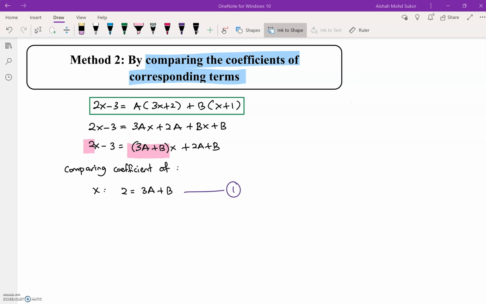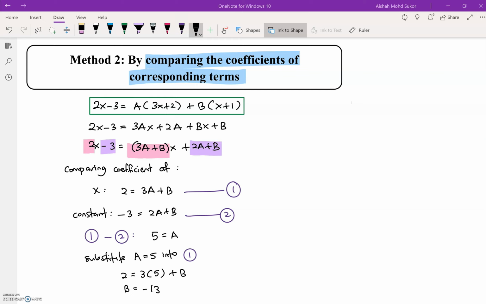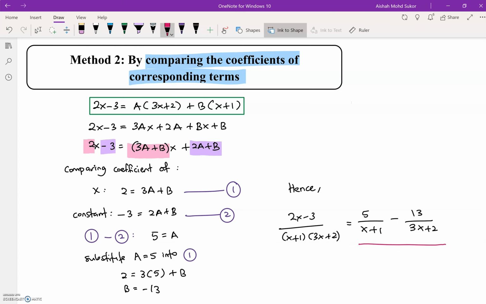Next, we are going to compare the constant. The left hand side is -3 and the right hand side is 2A plus B. This will be our second equation. So now we have two equations, two unknowns. So we get A equals 5 and B equals -13. Hence, this is the partial fractions.